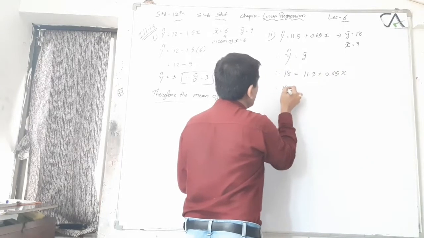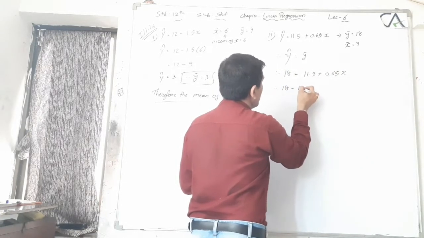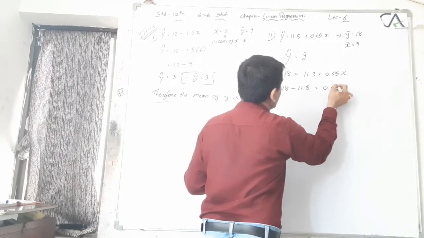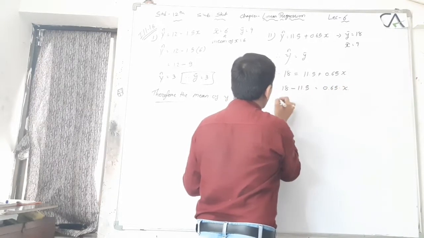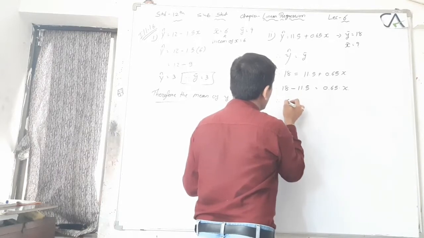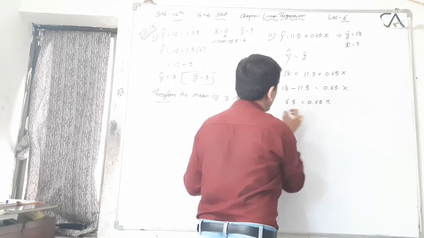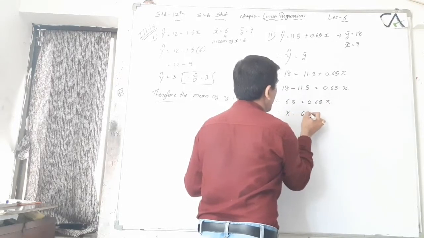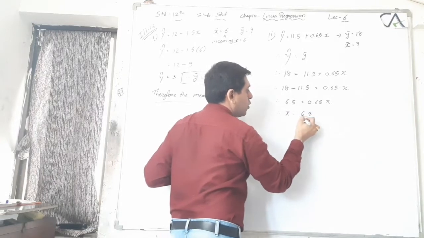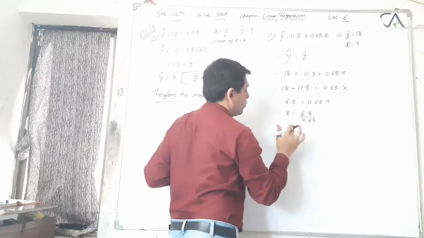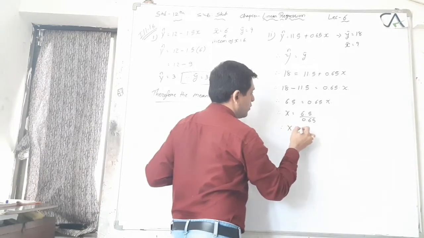Therefore 18 minus 11.5 is equal to 0.65x. Therefore 6.5 is equal to 0.65x. Therefore x is equal to 6.5 upon 0.65, so x is equal to 10.